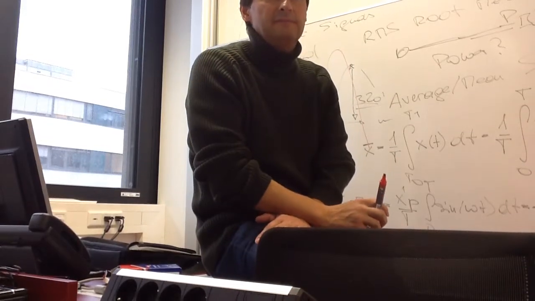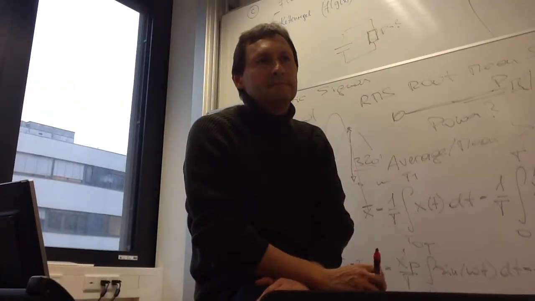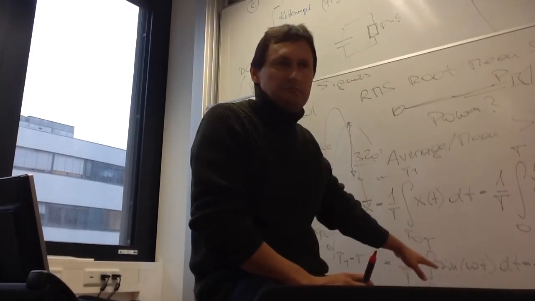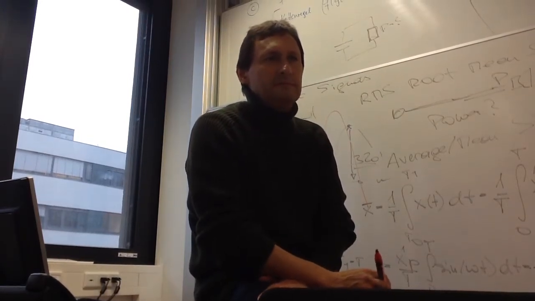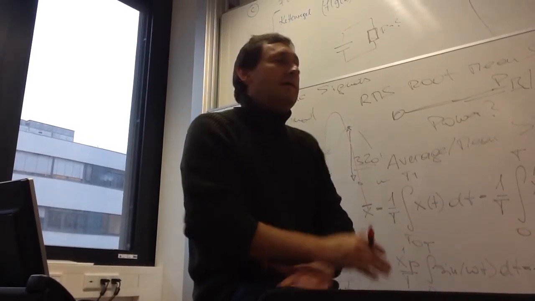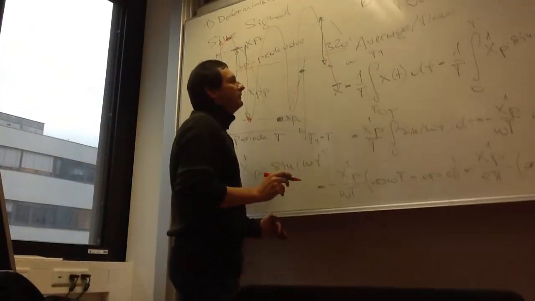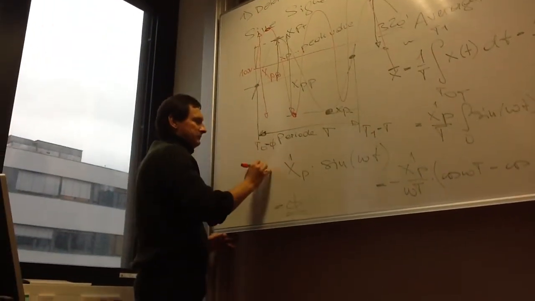But if you take the normal average, like normal mathematics, of a sinusoidal function, it will give you 0 as average, except if you have an offset. We can introduce an offset here.